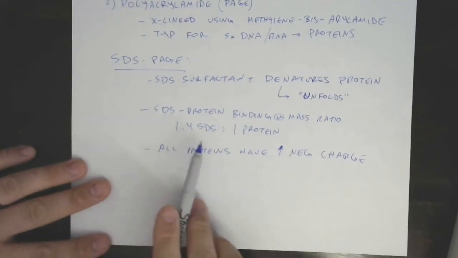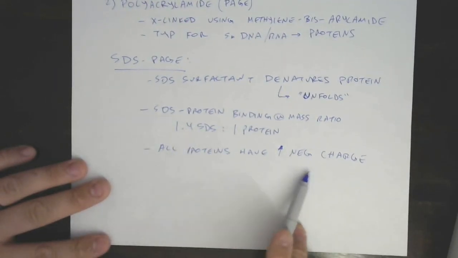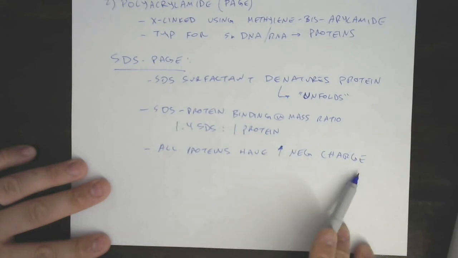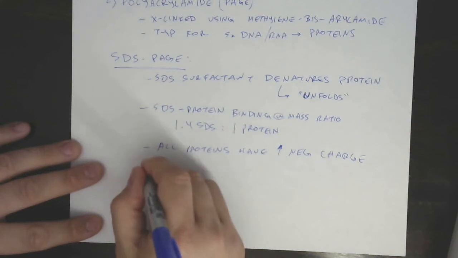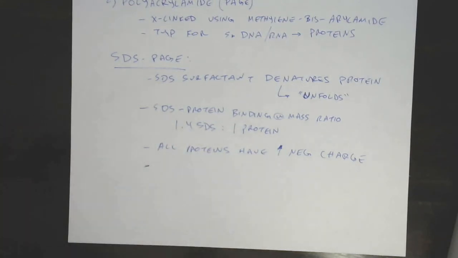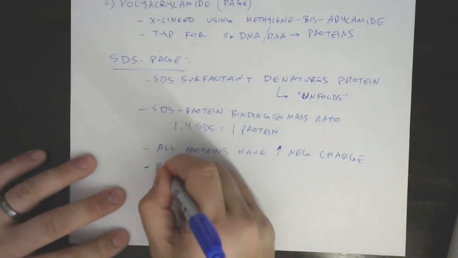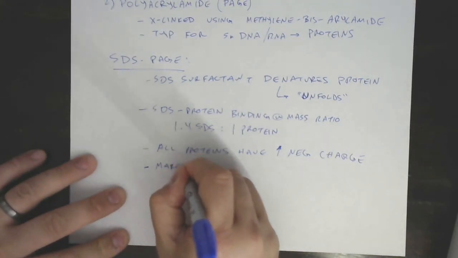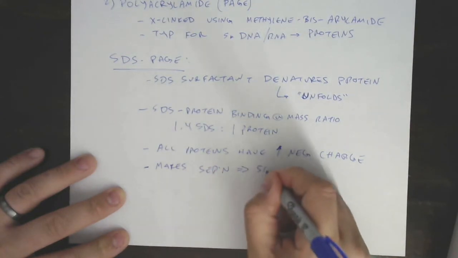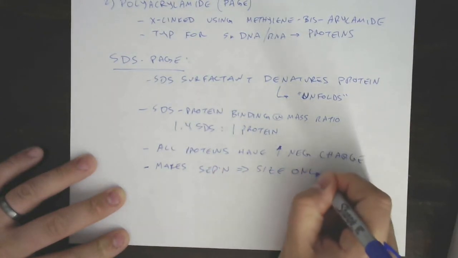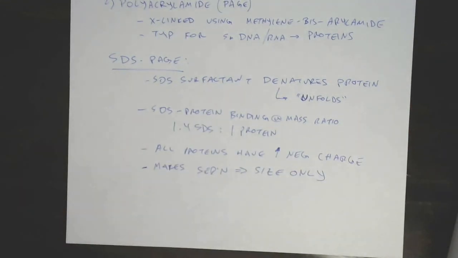But every protein is decorated with a ton of SDS, and so all proteins look, anyways, like they have a high negative charge. And because everything has a high negative charge, basically it all has a similar size to charge ratio. This allows the separation to be on the basis of size only. Because everything has a similar charge, it's going to have a similar size to charge ratio.